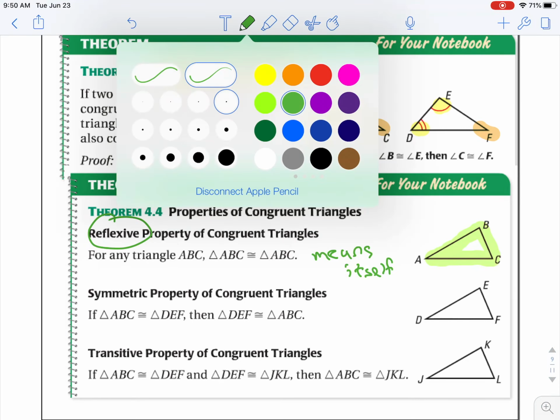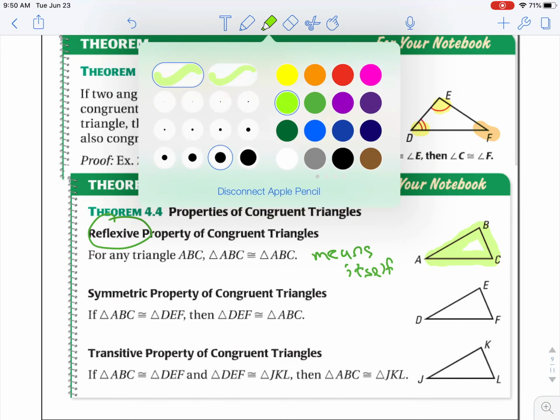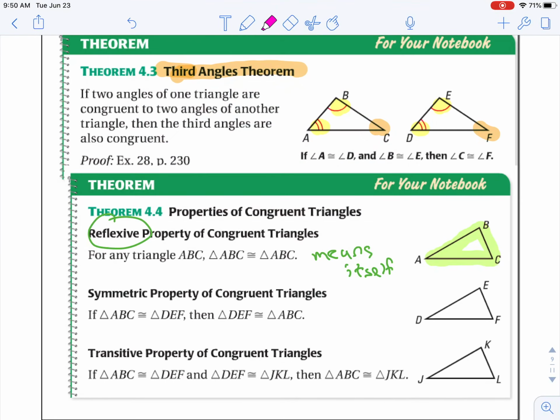The symmetric property is a little bit different. Basically the symmetric property says if ABC is congruent to DEF, then you can write it in the reverse order. So what it means is if ABC is congruent to DEF, then DEF is also congruent to ABC.